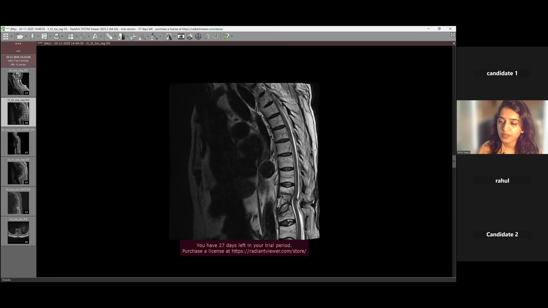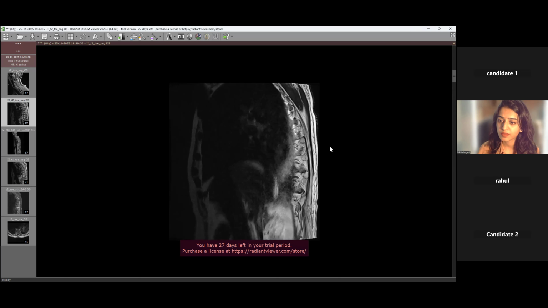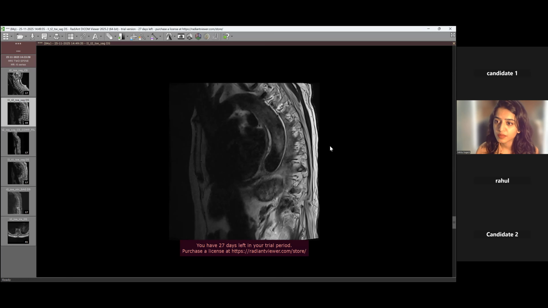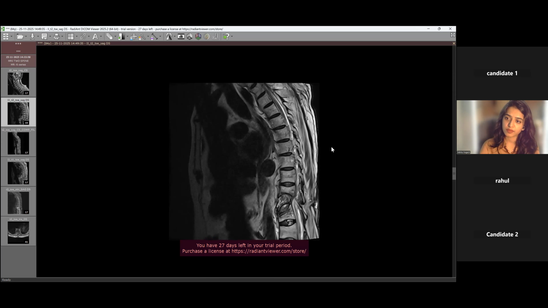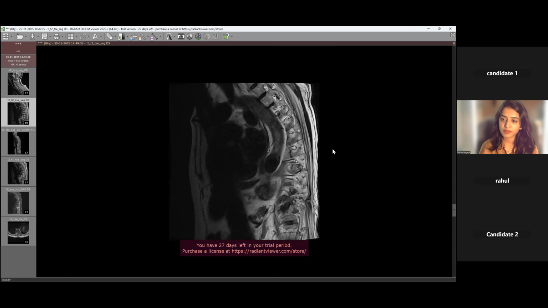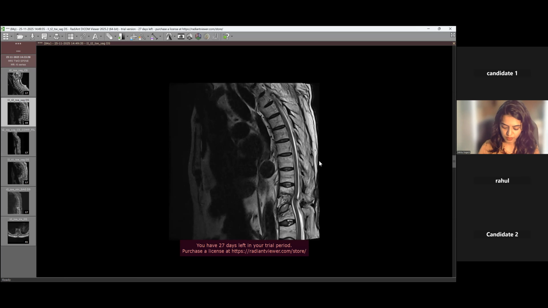I would just scroll the image and I would start commenting. So sagittal T2 weighted images, coming back to the central spine. In the, wait, it's moving all over the place. All right.